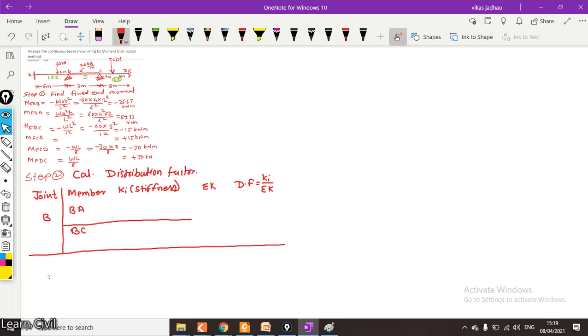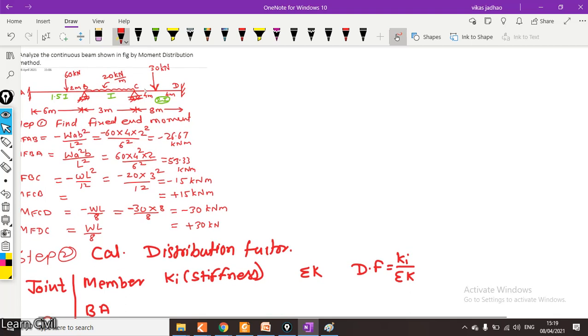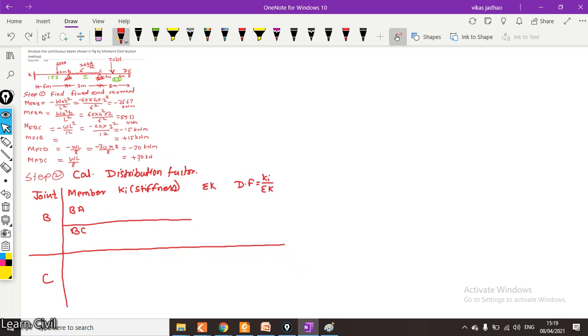Now at this particular joint C, we again have two members meeting, that is CB and CD. Therefore we will write down CB and CD like this. These are the members.